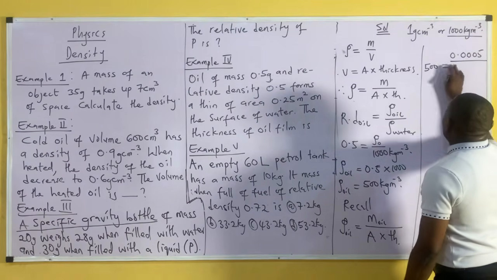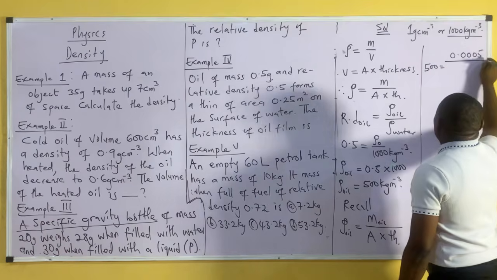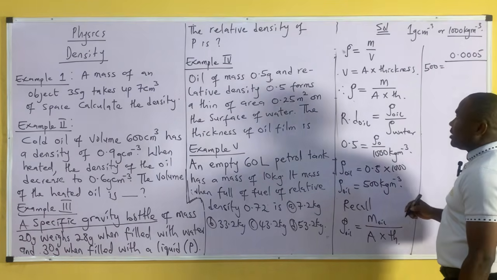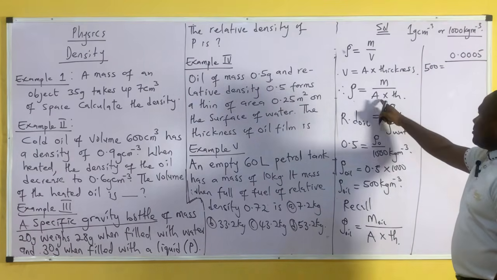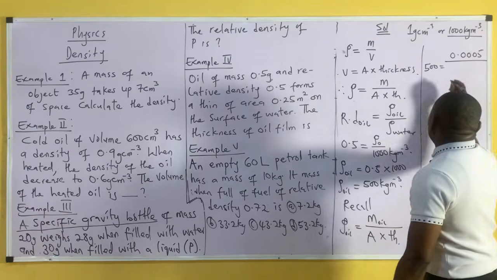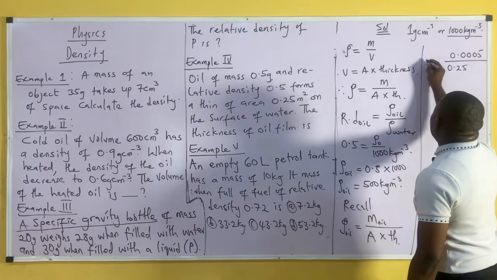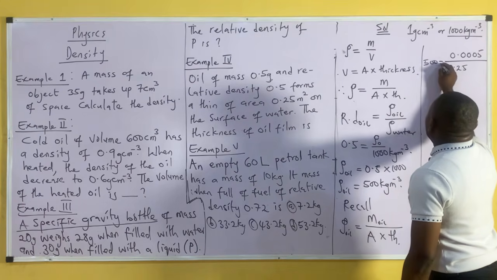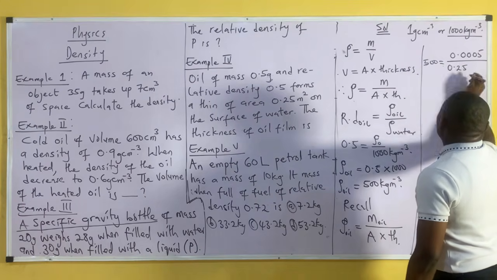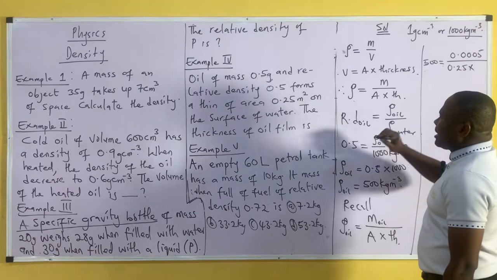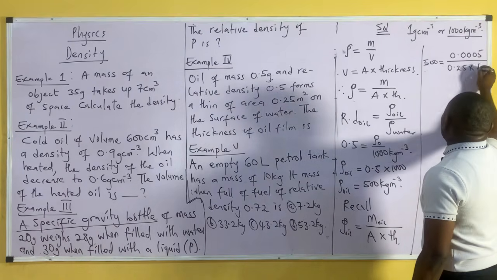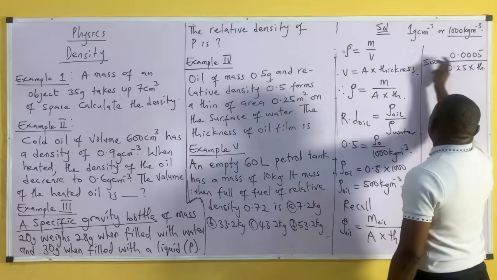Then all over, I have the area, which is 0.25. Put my 500 here, is equal to this 0.25 times what is our thickness. That's what we are looking for. So take this off.